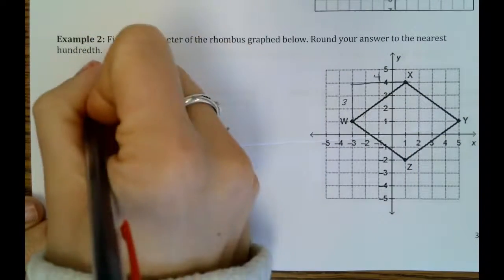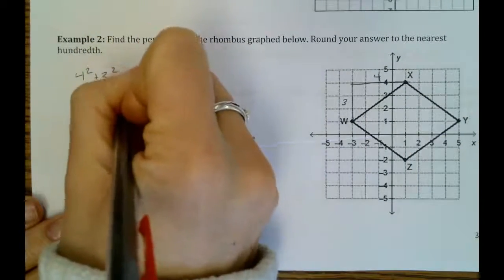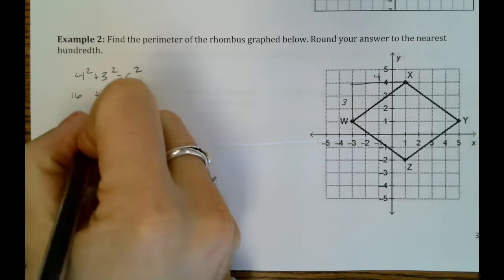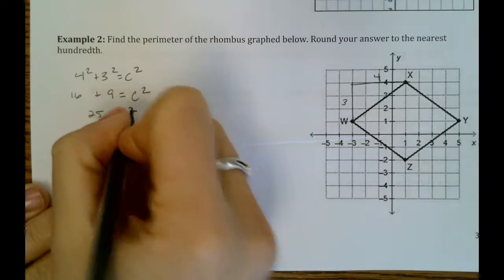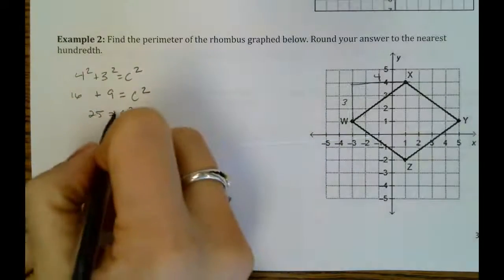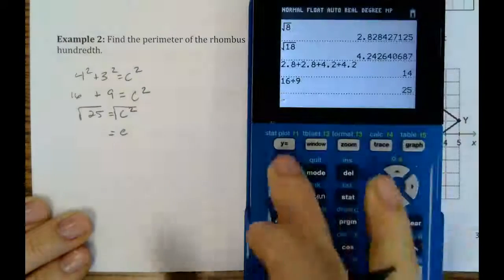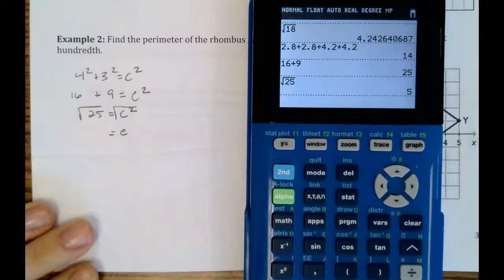4 squared is 16. 3 squared is 9. Okay, 16 and 9 together get us 25. And then we'll take our square root. Okay, if you don't know, the square root of 25 is 5.